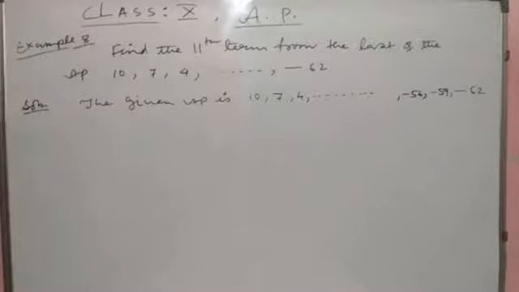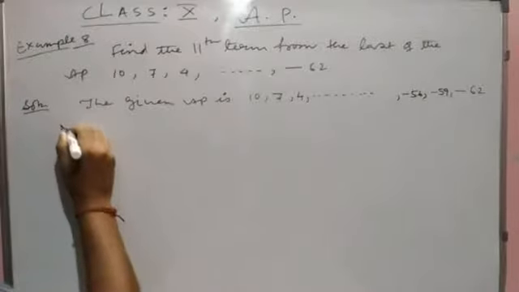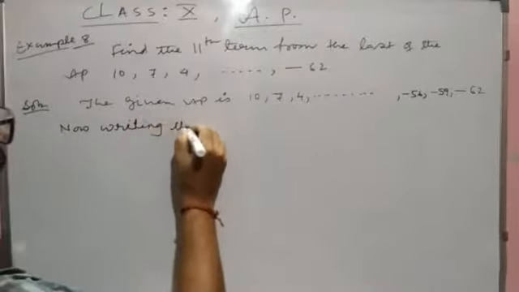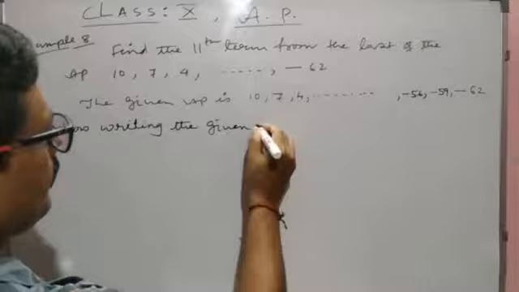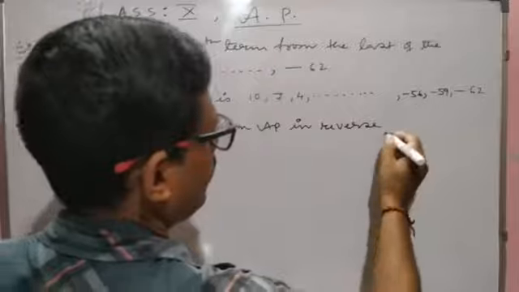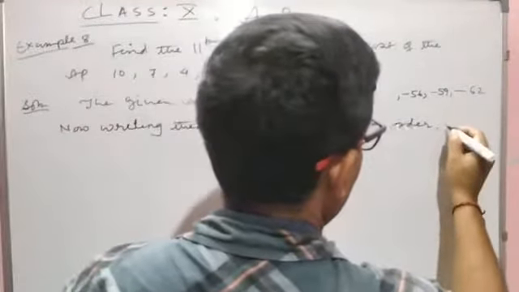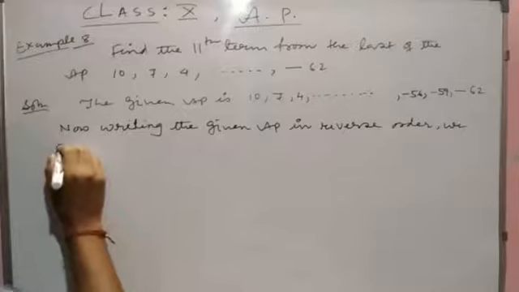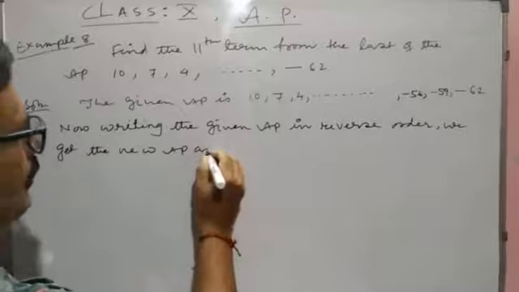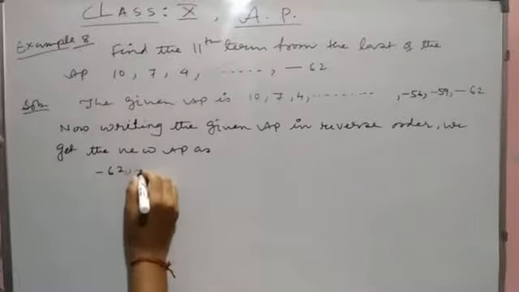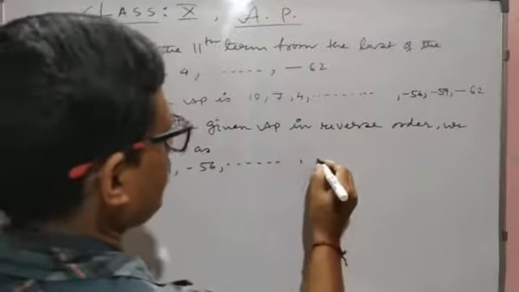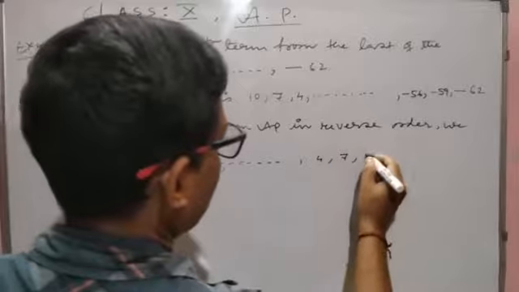Now, writing the given AP in reverse order, we get the new AP as minus 62, minus 59, minus 56, 4, 7, 10.